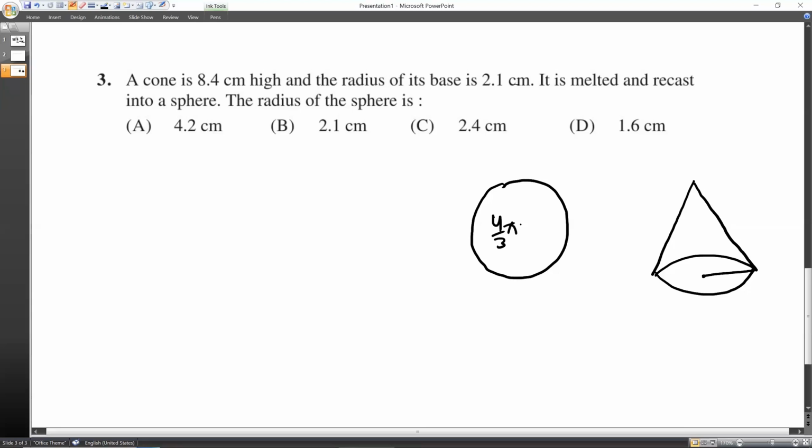But here the radius of this one will be different, so we'll keep capital R for this one. And the volume of cone is 1 by 3 pi r square and small h. Small r is the radius of the cone, that is 2.1 centimeter, and its height is 8.4, small h is given to you. You need to find out the capital R value. Okay, so do this one, please. Okay, sir.